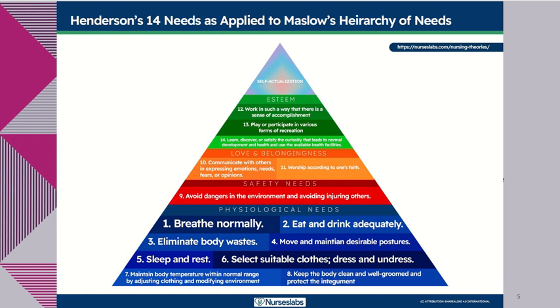It's the same with Henderson. Unless the nurse can achieve the needs at the bottom, the nurse will not strive to meet any further steps in the hierarchy. For example, if a person has been admitted to a hospital following a surgery, the nurses are likely looking to fulfill the patient's physiological needs first.